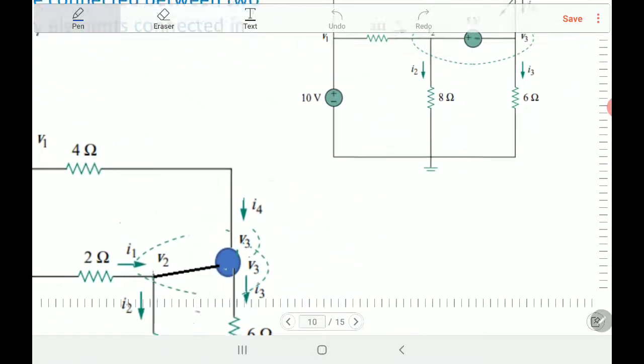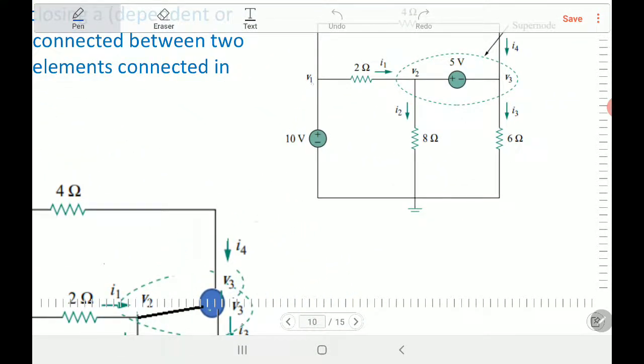Let me explain it again. This one is not a supernode. Why? Because the voltage source is connected between a node and another node, and one of them is the reference node. This is a reference node. But this voltage source is connected between node 2 and node 3.